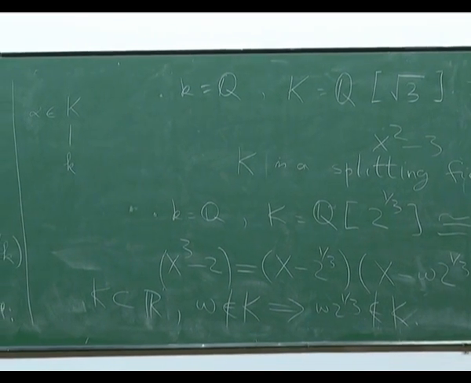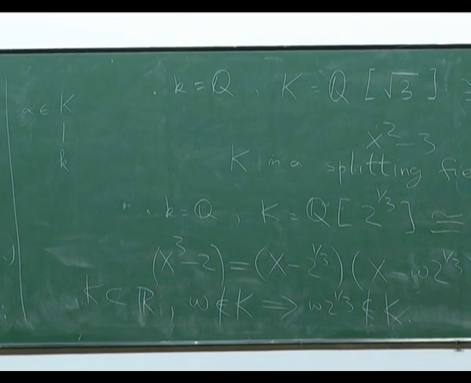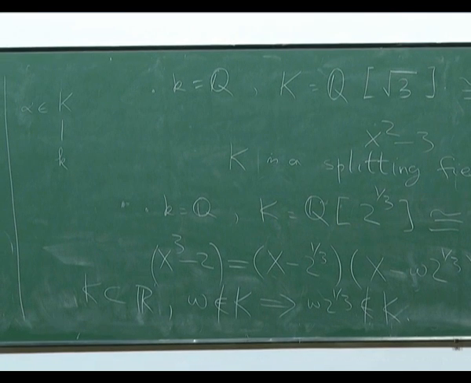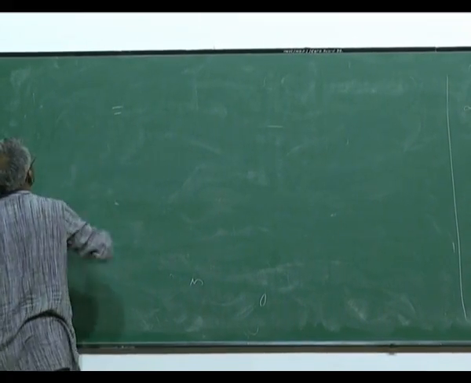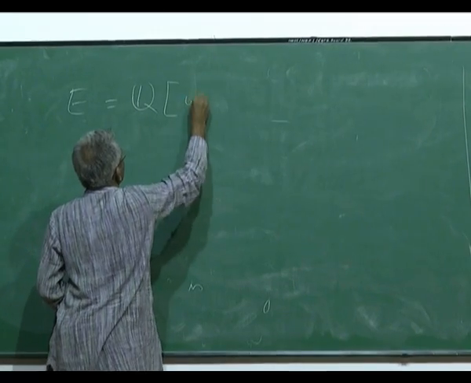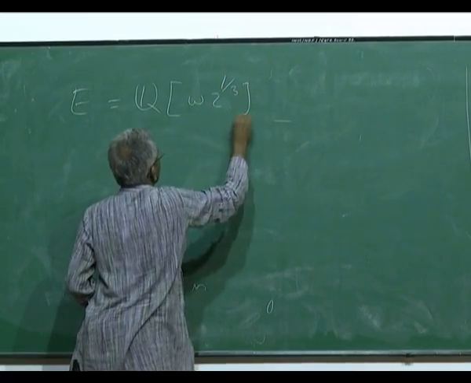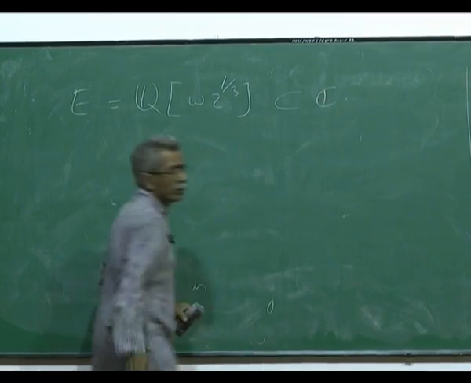Now you see, let me erase this. I have another field, namely the following. Consider this field, let me call it E. E is Q attach omega 2 power 1 by 3. Of course, this is contained in complex numbers.